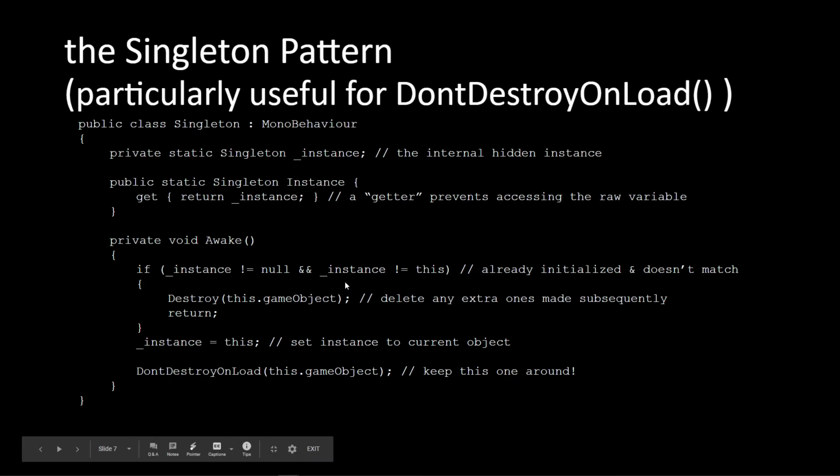Okay, so what I have here in this frame is one version. I mean, there are lots of different subtle versions of this. This is one that works pretty well, and it checks all the boxes in terms of making sure that the singleton works.